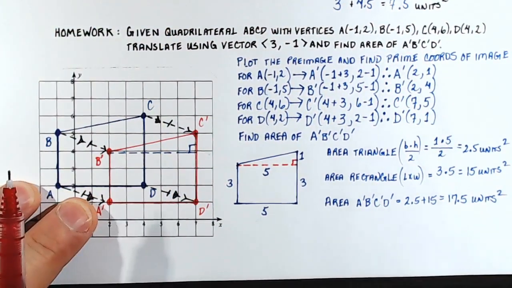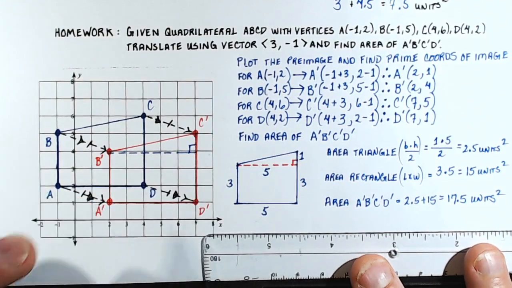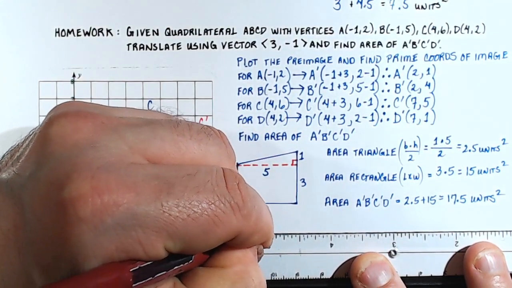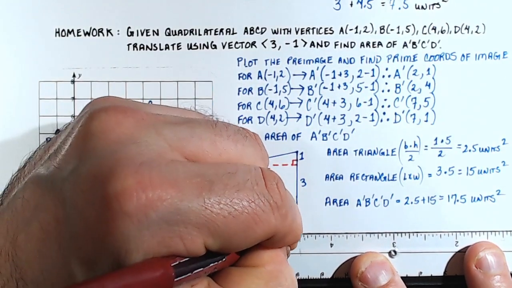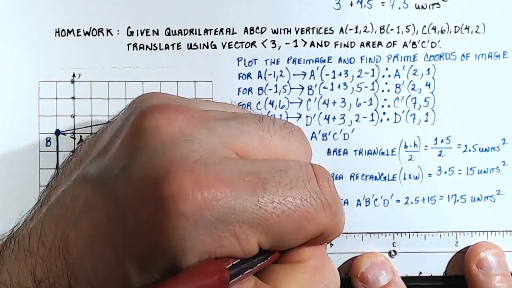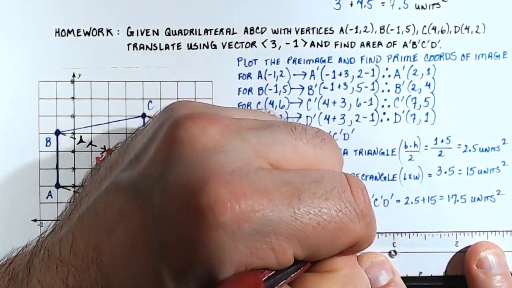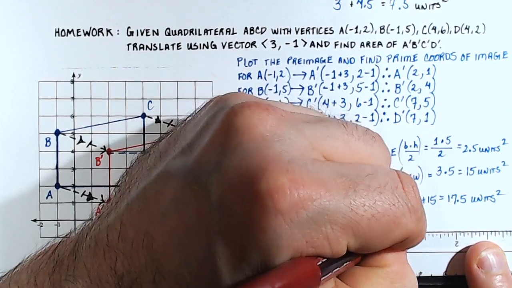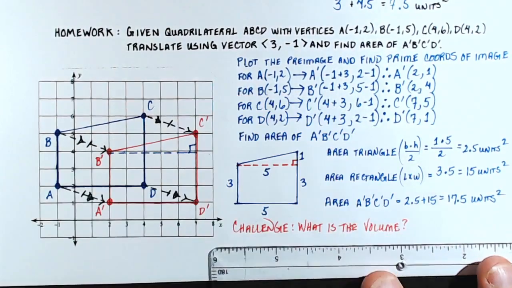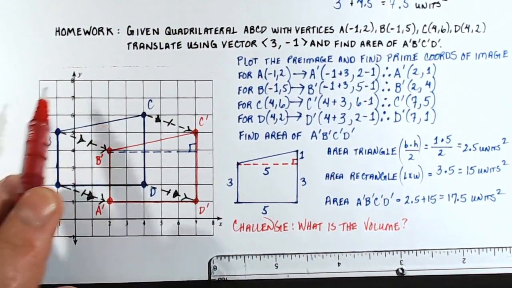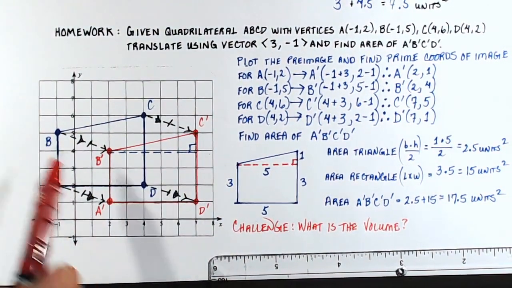Here's the lingering challenge question. What is the volume of the three-dimensional shape formed by all these points that you can see there?